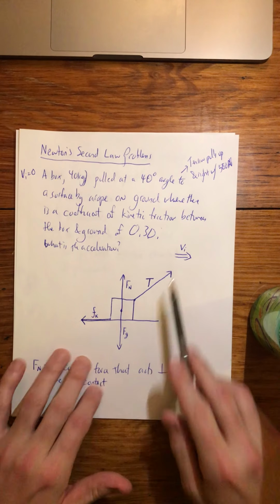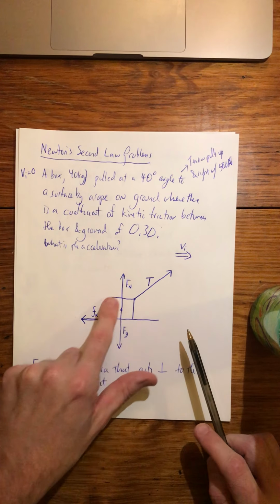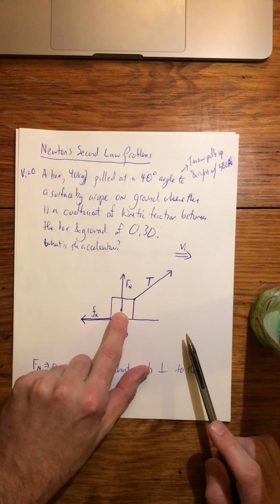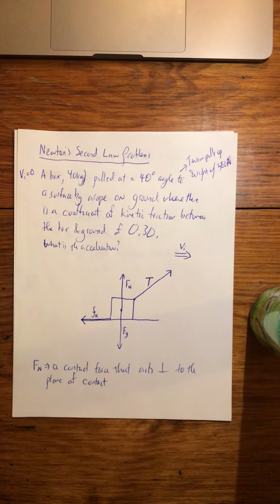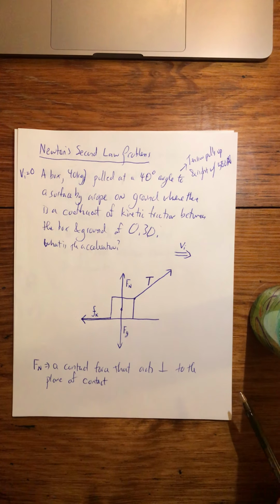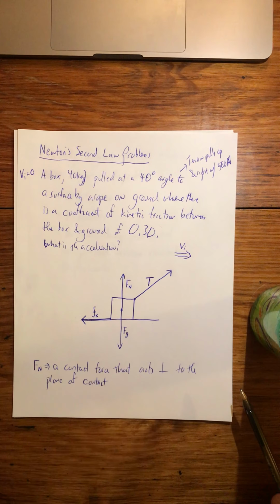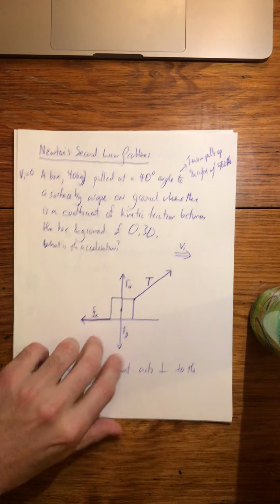But notice that's not on the diagram. We define on the diagram to mean touching the object, or from the dot if you're going to treat it as a point mass. But you can have other vectors nearby. Now, in order to make sure that I'm informing the reader that I know it's not a force, sometimes I use these double arrows for alternate vectors, just so that there's no confusion whatsoever.